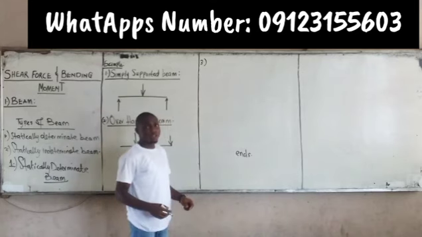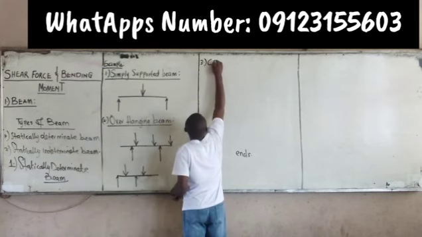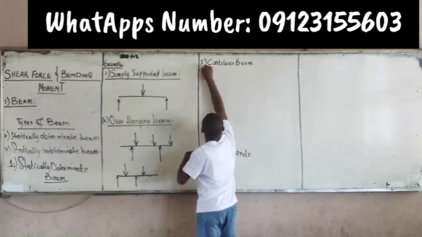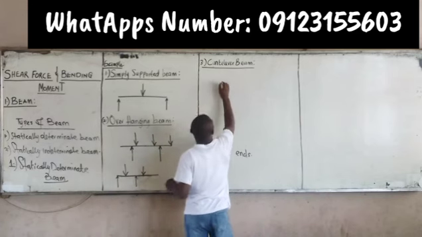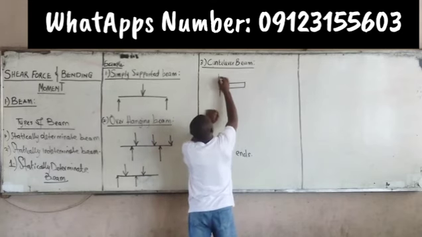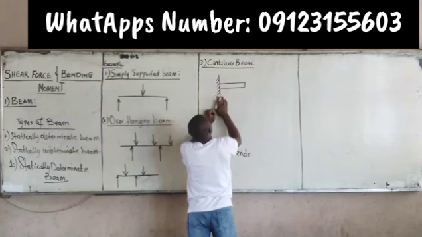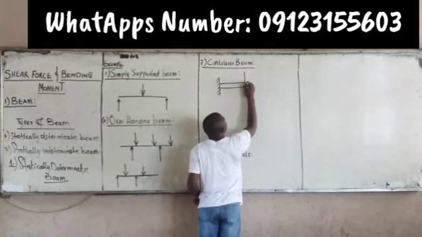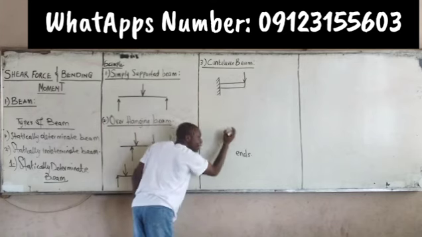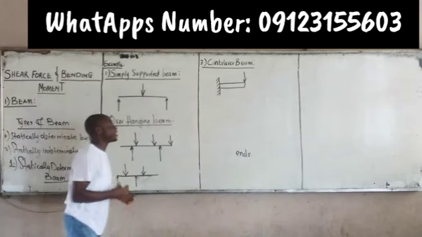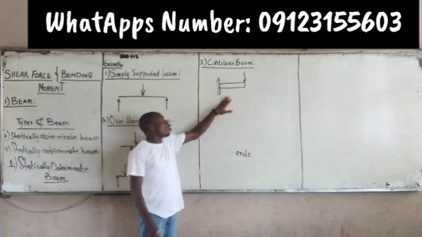A cantilever beam is a beam that has one side fixed while the other is free of support.